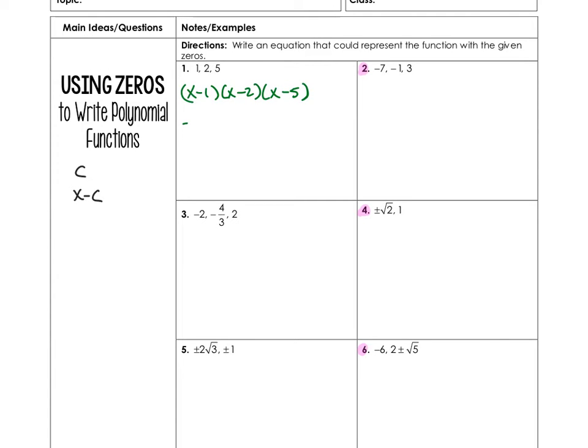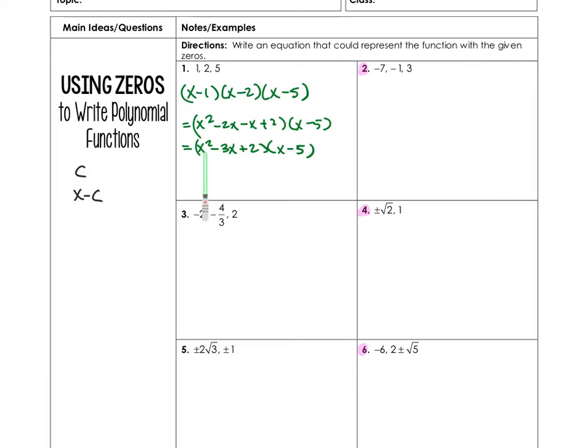I'm going to FOIL here, so I have x times x is x squared, minus 2x, minus x, plus 2. And I'm going to do that with x minus 5 at the end, so x squared minus 3x plus 2. Now I'm going to multiply everything here, each one of this times each one of that.